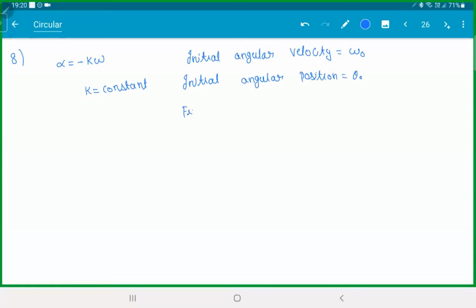Find omega and find theta as a function of time t. If you remember, the question there was a is equal to minus kv, initial velocity u, initial position x naught. Find the velocity and position as a function of time t. Exact same question. We have done this in calculus. Get this, 2 minutes. Easy one, just a math problem this is.